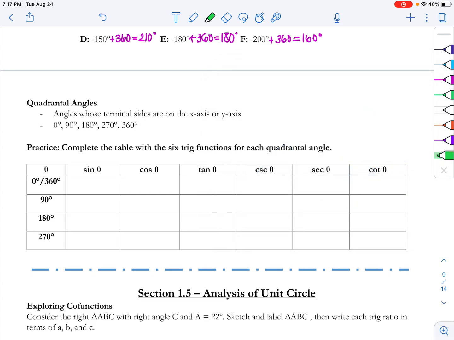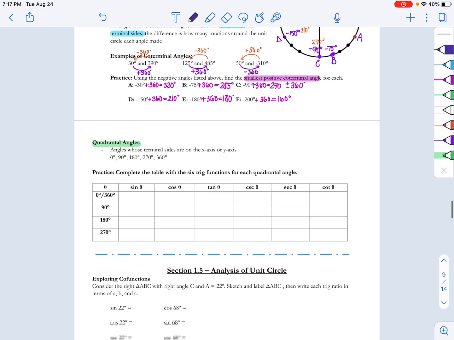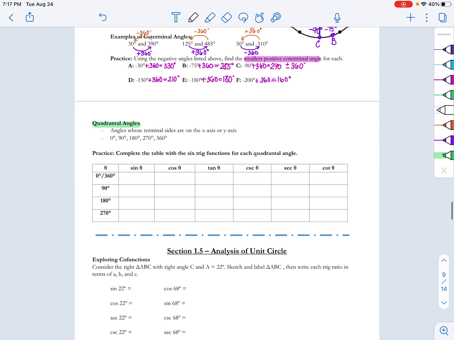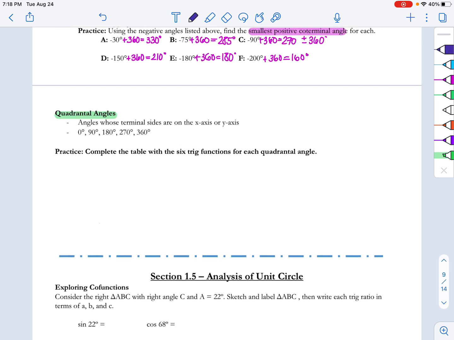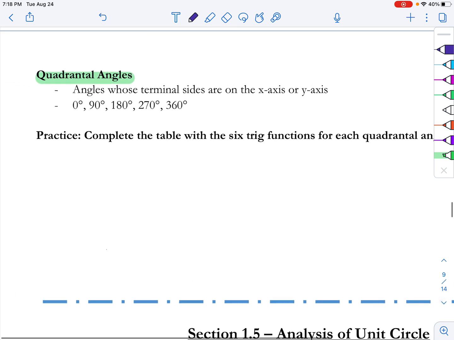So quadrantal angles, we know are angles. We've talked about these before. In fact, I'm going to go ahead, take a white pen and make it real big, and go ahead and block this out. I'm going to change the notes a little bit, just to be consistent with how we've been talking about it. So quadrantal angles are angles whose terminal side are on the X or Y axis.